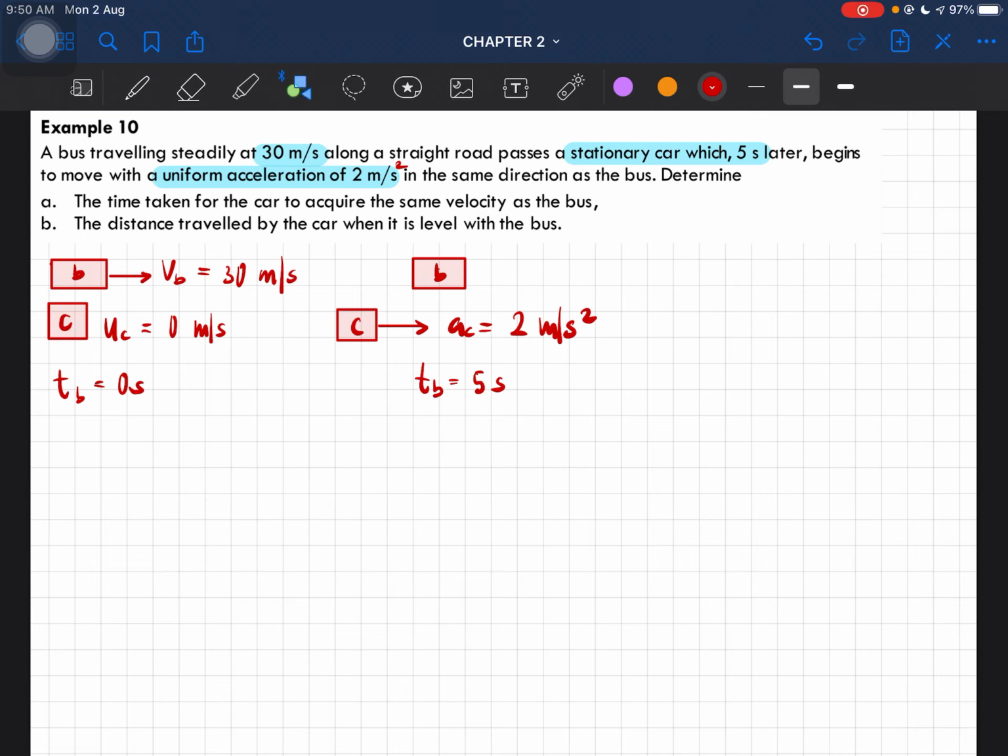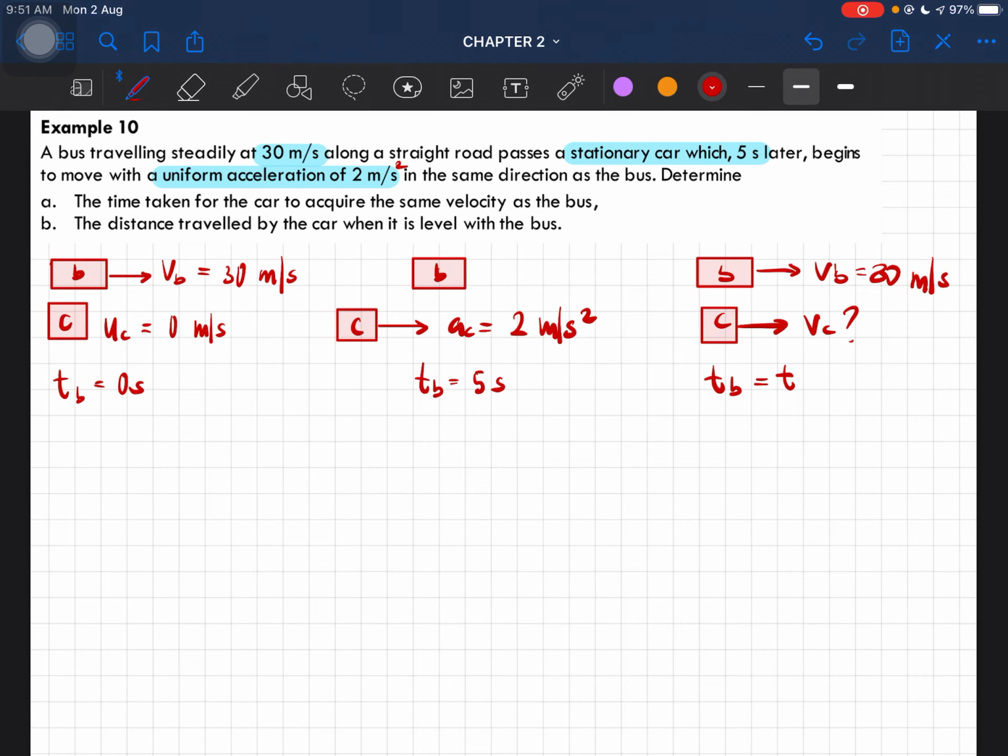And then we can see when they are at the same level. Okay, so when the car and the bus are at the same level, velocity of the bus is still 30 meter per second because it is traveling steadily. And then we just don't have the velocity of the car. And at this point, the time of the bus will be at the same time with the car as well.